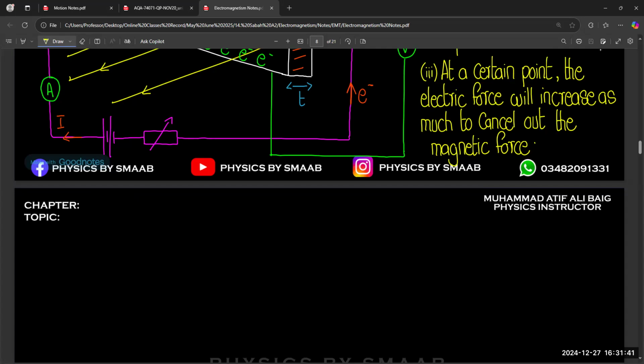So it will increase as much as to cancel out the magnetic force.